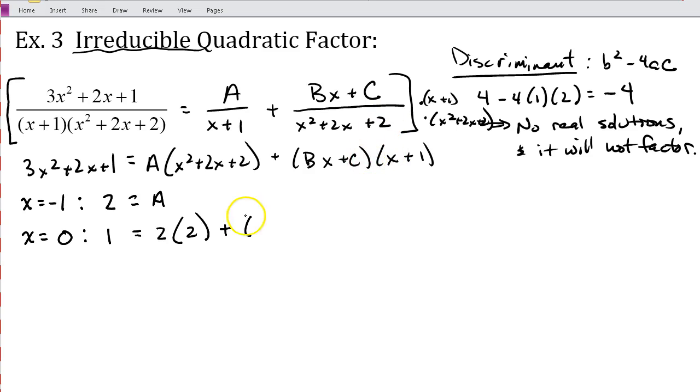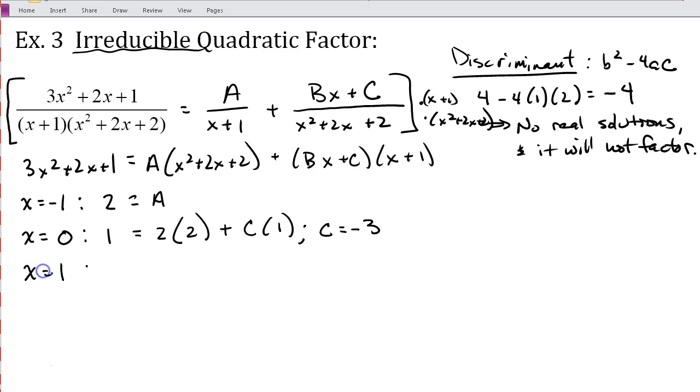Let's see, hang on a second. With 0 in, the B is going to cancel, so I'm going to be left with C times 1. And if we solve this, we'll get that C is negative 3.